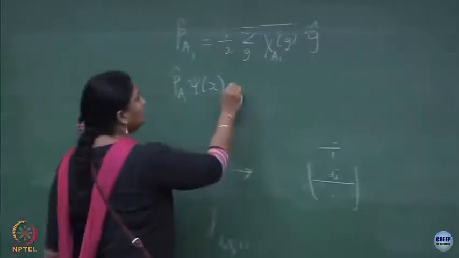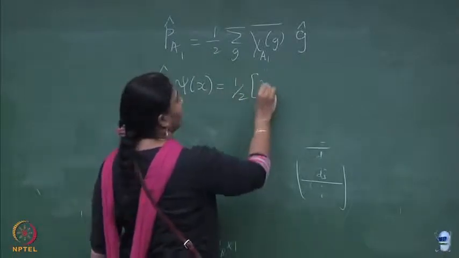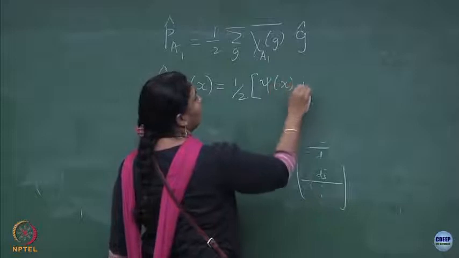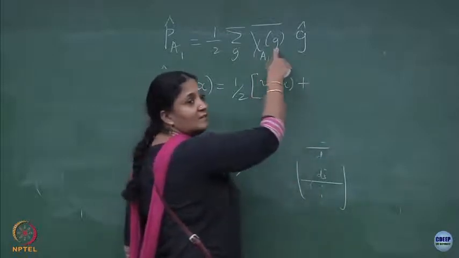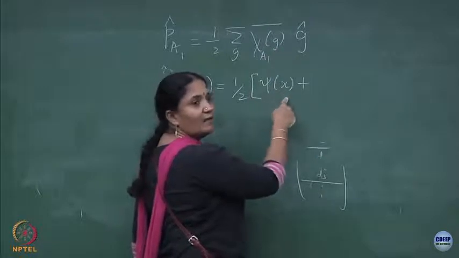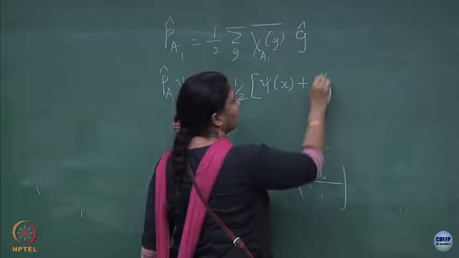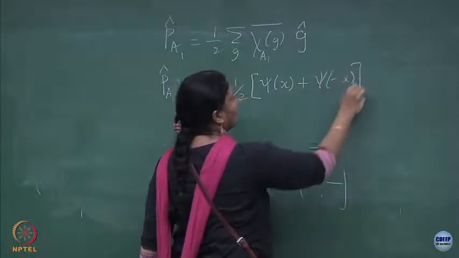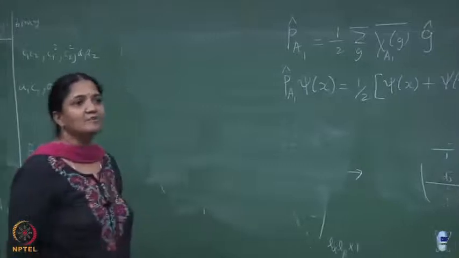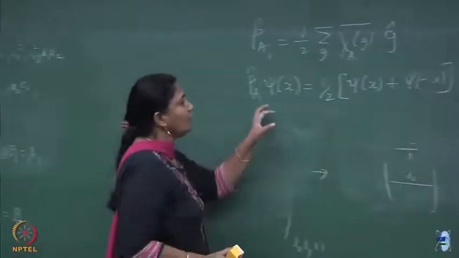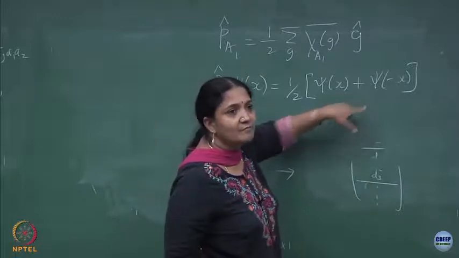If you do this, it will give you the plus sign for the C2 operation. This one anyway is plus 1, the identity operator, and so this will be your projection operator on any wave function. It will project you to a subspace which is an even function.